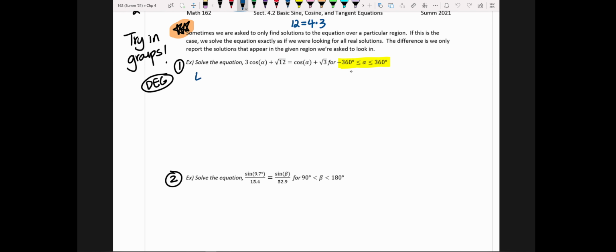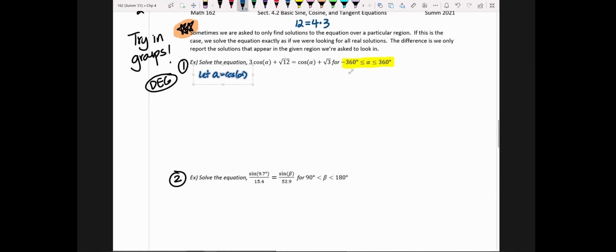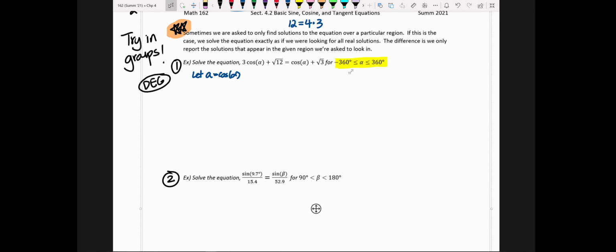So for this problem, I would recommend the apple banana method to help us isolate the trig function. So to help us isolate cosine of alpha, we can let cosine of alpha equal a for apple. And we have here 3a plus root 12 is equal to a plus root 3. Okay, so let's get our variable on one side.